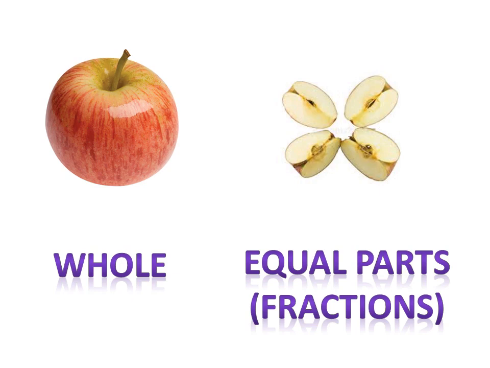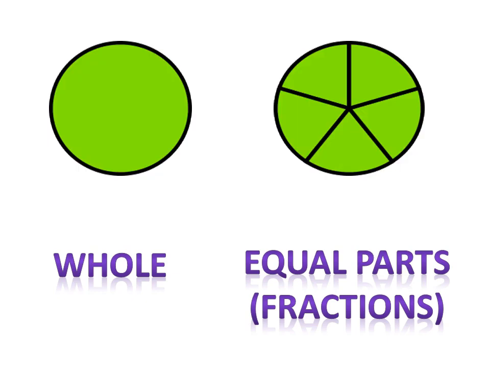In this picture, you can see a whole apple and an apple cut into 4 equal parts. These parts are called fractions. This is another example of a whole and fractions.